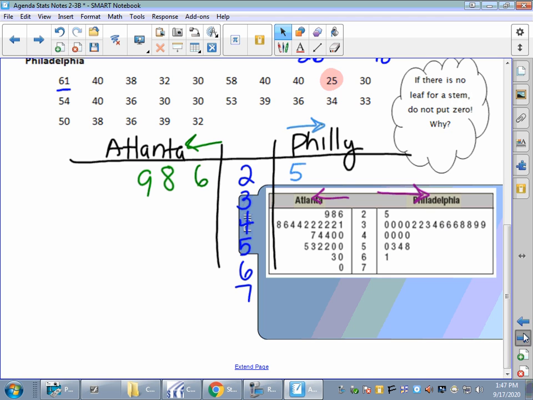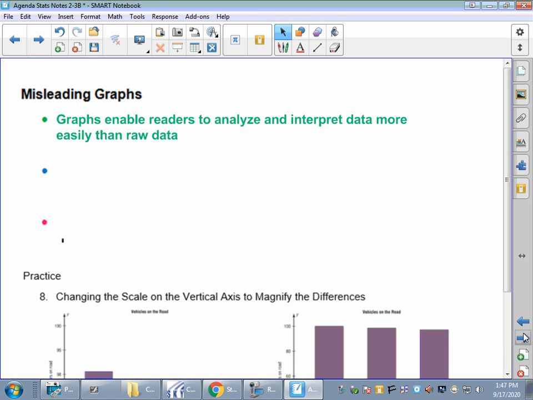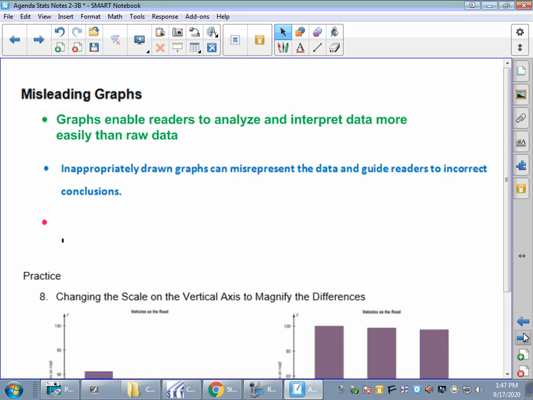All right, so let's talk about misleading graphs. We've talked about misleading stats, and I bolt graphs in because they're the easiest to see. Graphs enable readers to analyze and interpret data more easily. Raw data is just a bunch of numbers a lot of the time. That's why we put them in graphs. However, if you've got inappropriately drawn graphs, you can misrepresent your data, and people may draw false conclusions.